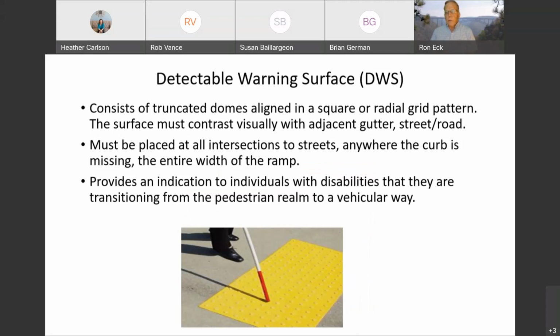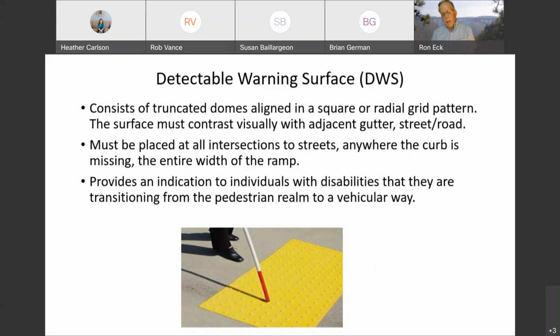Detectable warning surfaces, DWS, or truncated domes. These appear typically at the base of curb ramps where the curb is missing, and they are a warning mechanism for the visually impaired. As you see here, a blind pedestrian is taught to detect this surface with the cane.